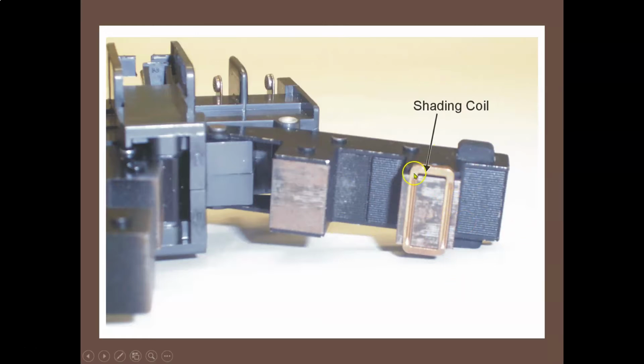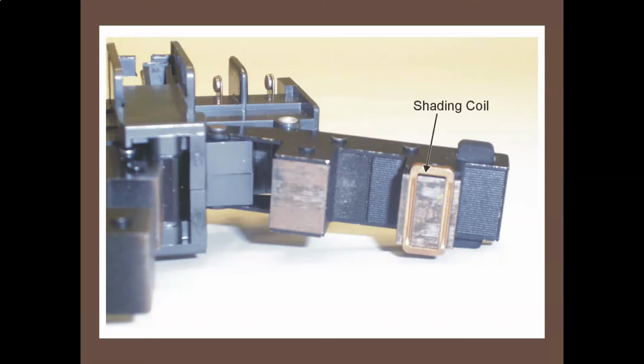So you have a shading coil here, and what that does is when that armature starts to drop out because the coil has hit its dropout voltage, the armature is going to try to pull away, but this shading coil is now emitting a magnetic field in the opposite direction, and it's actually attracting the other side of the core to the shading coil.